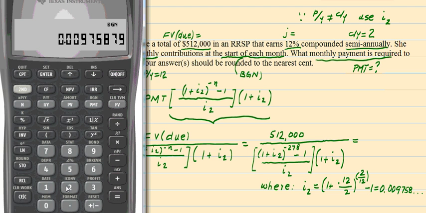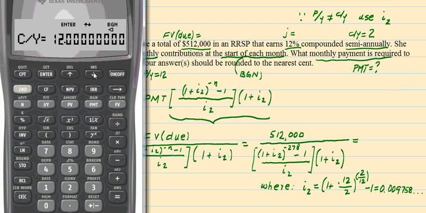Now at this stage we can go and use the calculator, so we'll go second function, clear TVM, and we have 278 for N, 12% for nominal rate, I/Y. Then second function, P/Y, and we'll have 12 payments per year, that's correct.